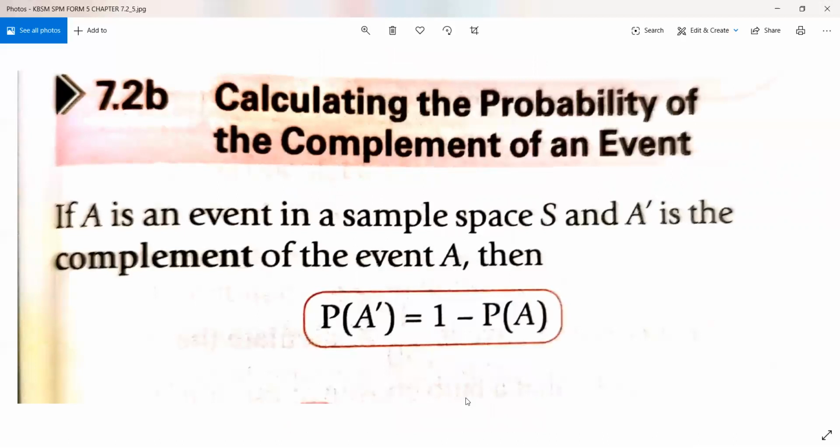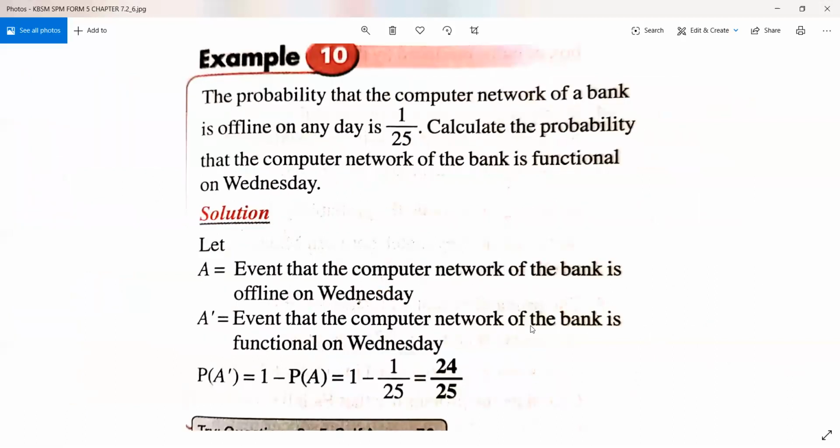So how do we calculate the probability of the complement of an event? It's easy. The probability of A prime is 1 minus the probability of A. Let's see an example. The probability that a computer network of a bank is offline on any day is 1/25. Calculate the probability that the computer network of the bank is functional on Wednesday.